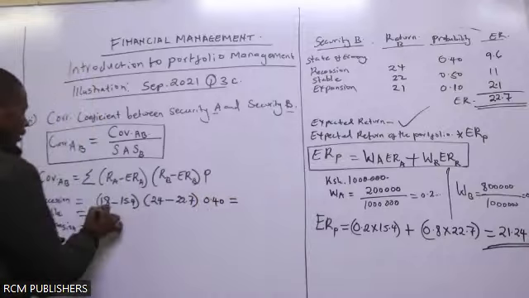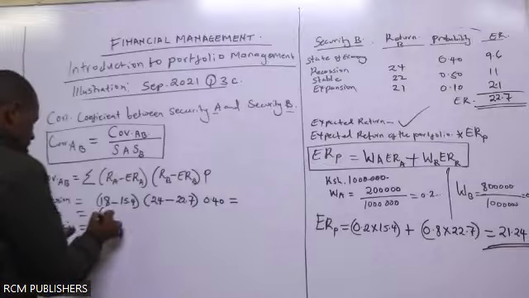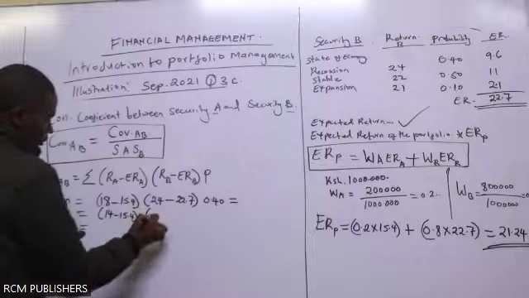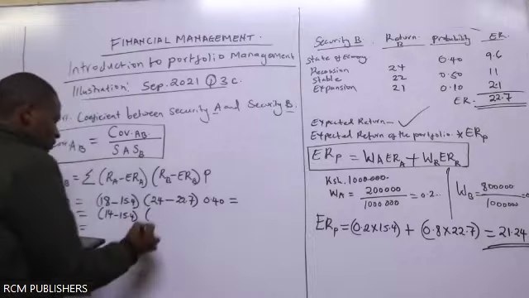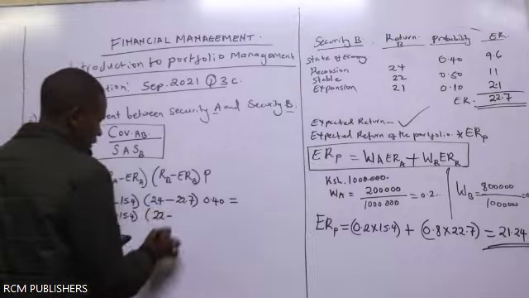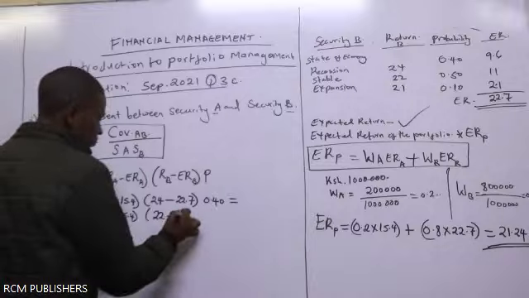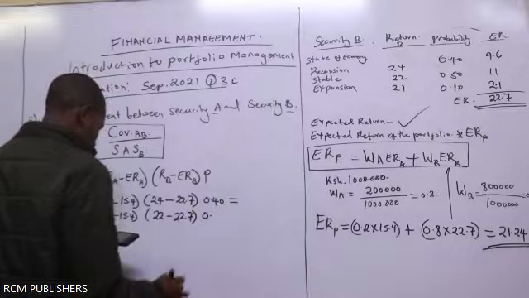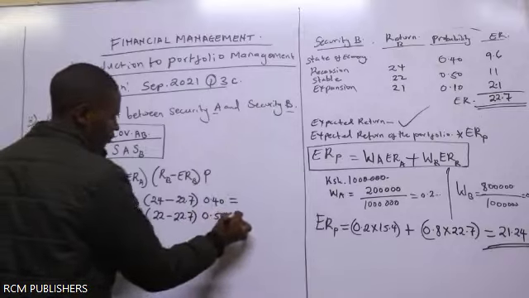That way. We go to the next one. We have 14 minus 15.4. It is simple, by the way, once you know the formula: 22 minus 22.7, then you multiply by that probability 0.50.